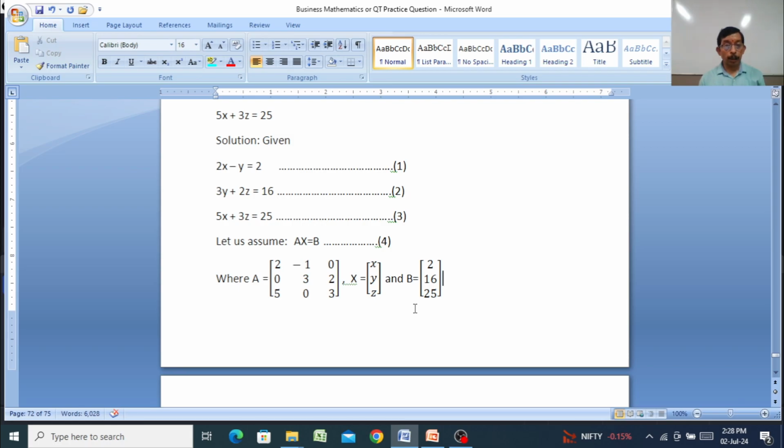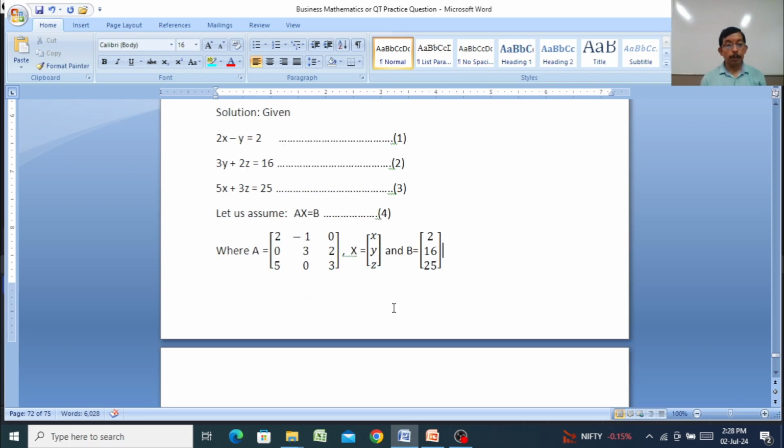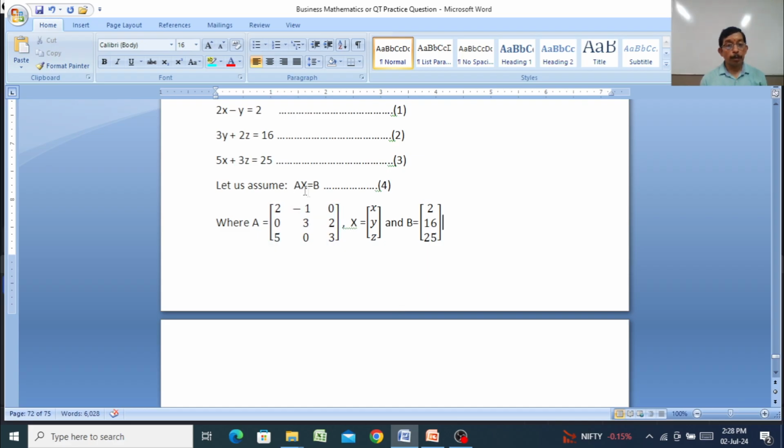Now we find A inverse. First we solve equation 4.